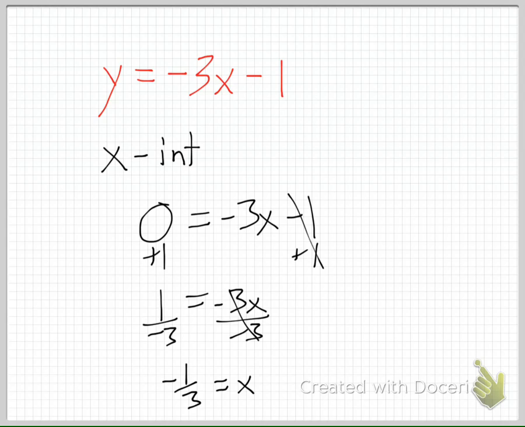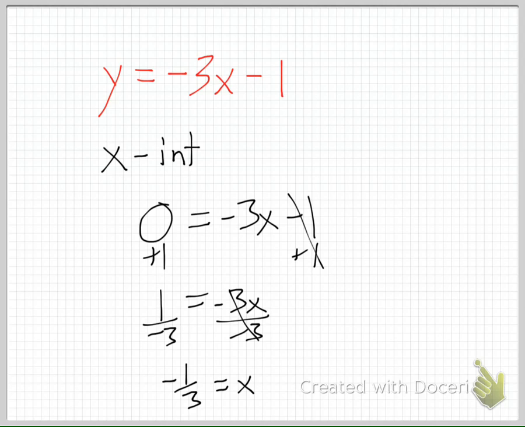The other thing is, when things are in y equals form, is your x-intercept always going to be a whole number? Can a line cross the x-intercept somewhere other than a whole number? Yeah. So if it's in this y equals form, there's no guarantee that your x-intercept is going to be a whole number, which means it's going to make it a little bit more difficult to graph.